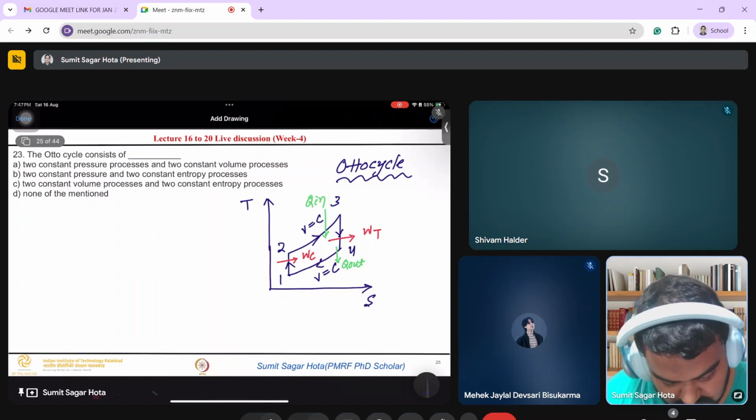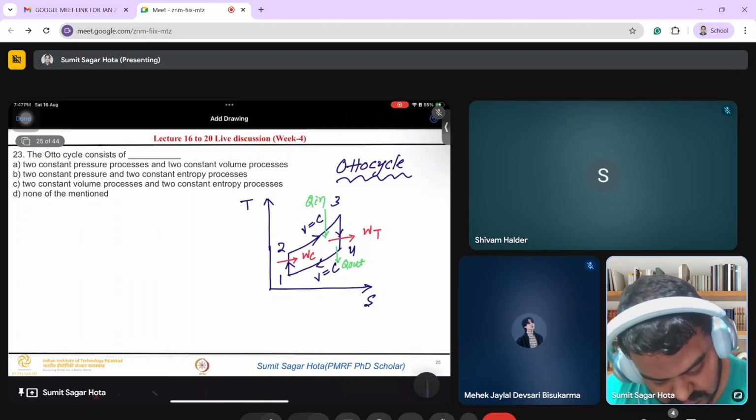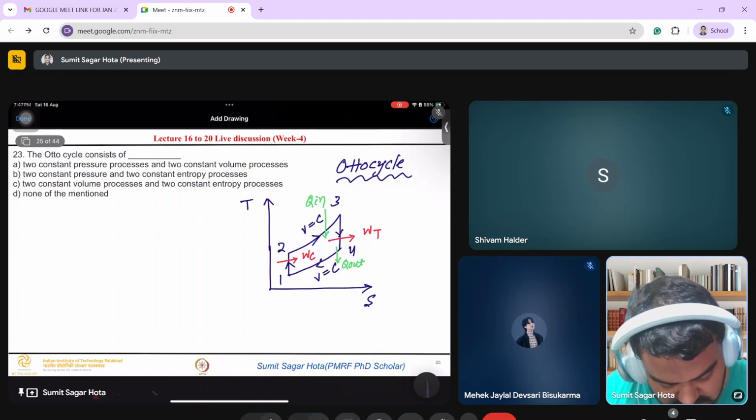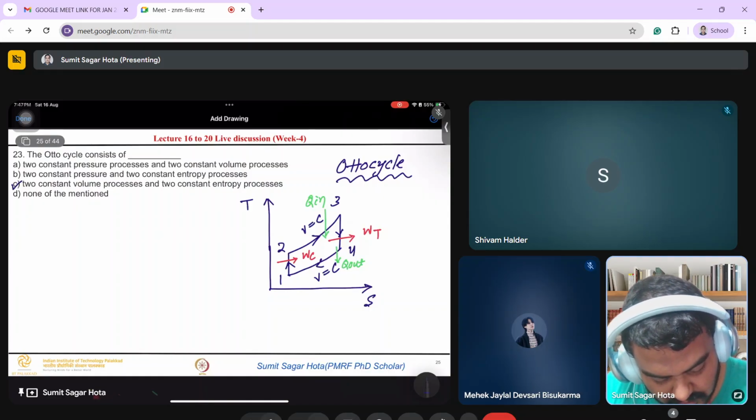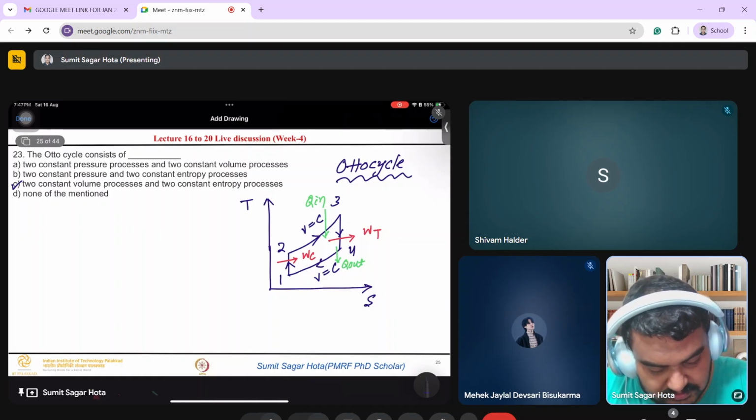Okay, so if you see option C, there will be 2 constant volume processes and 2 constant entropy processes, because you see 1 to 2 entropy S is constant and 3 to 4 entropy is also constant.